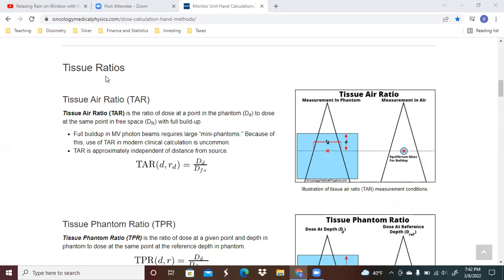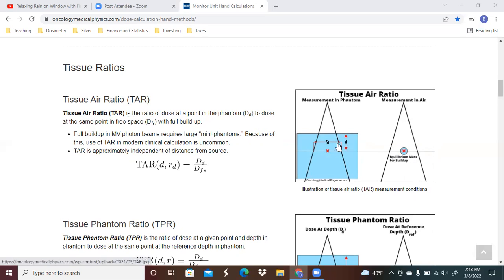Okay, so now we're going to go from PDD and we're going to go into the tissue air ratio. Now, some of this actually got covered in one of the other chapters, but it's always good to review. The tissue to air ratio is the dose at the point in the phantom, D sub D, to the dose at the same point in free space with some sort of buildup.